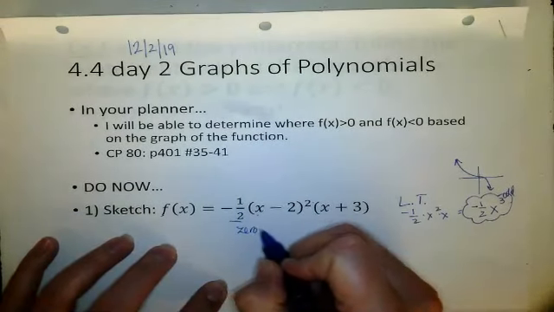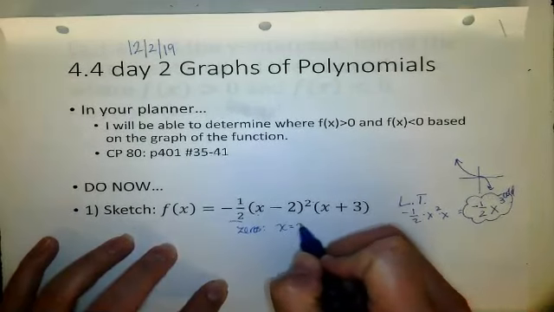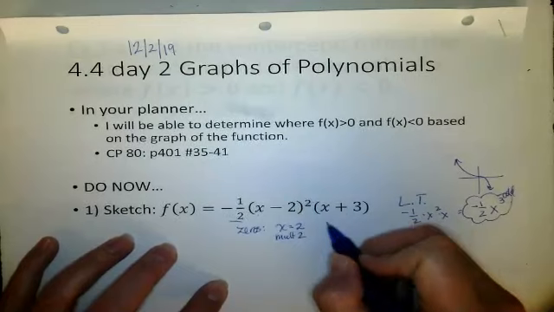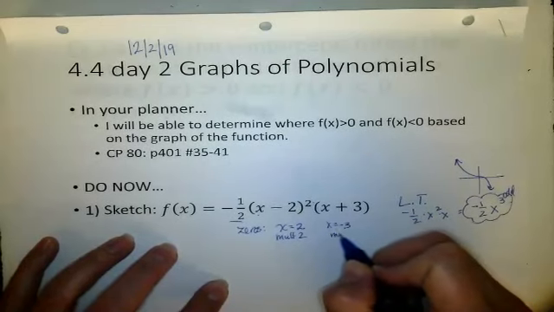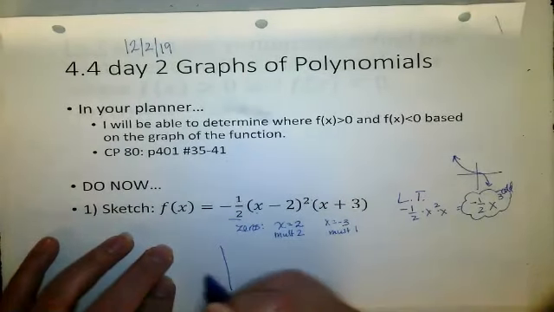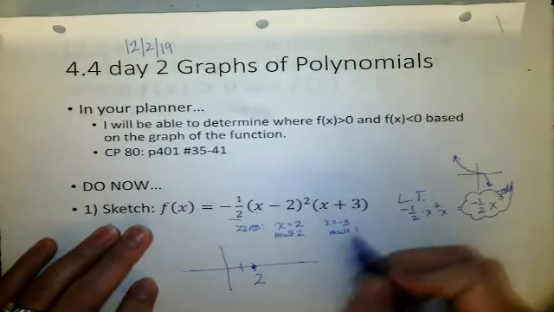Looking at our factors, the zeros are x equals 2, which has a multiplicity of 2, and x equals negative 3 with a multiplicity of 1. I can make a quick little sketch: 2, and negative 3.